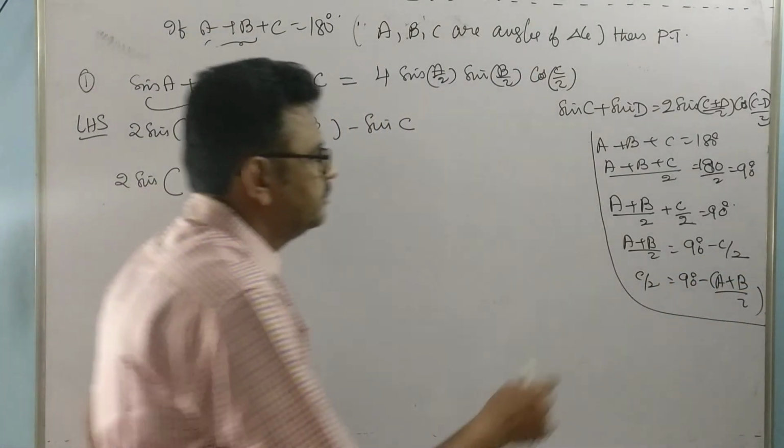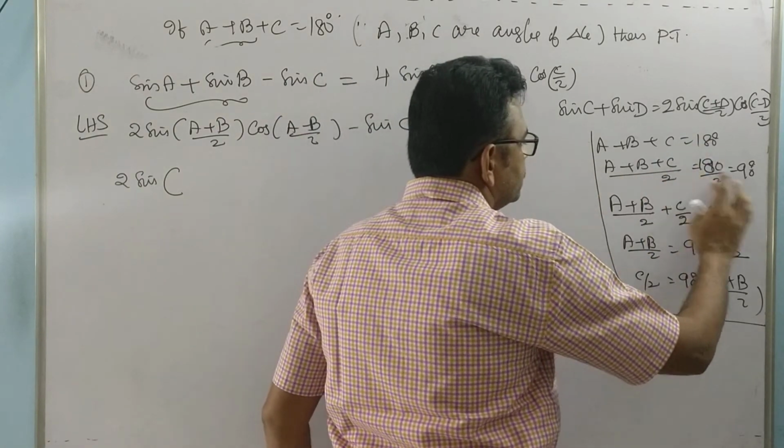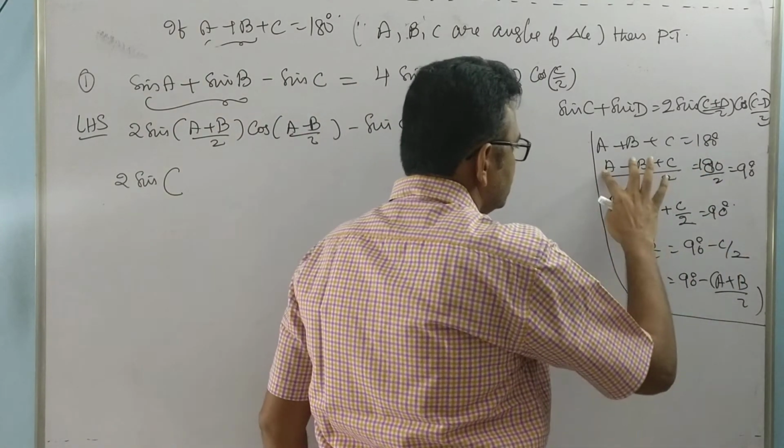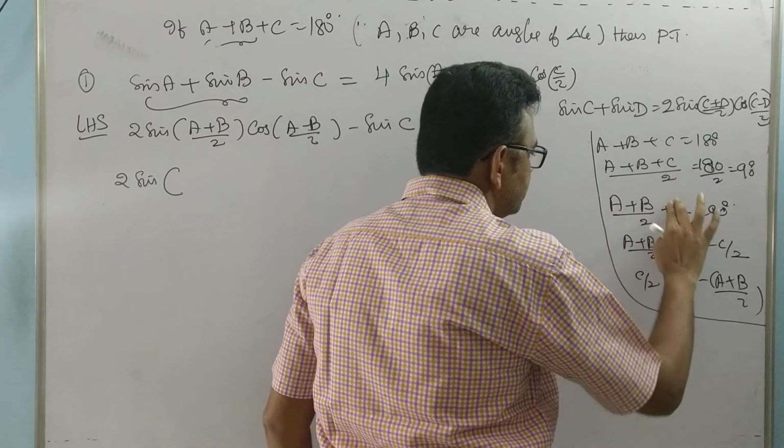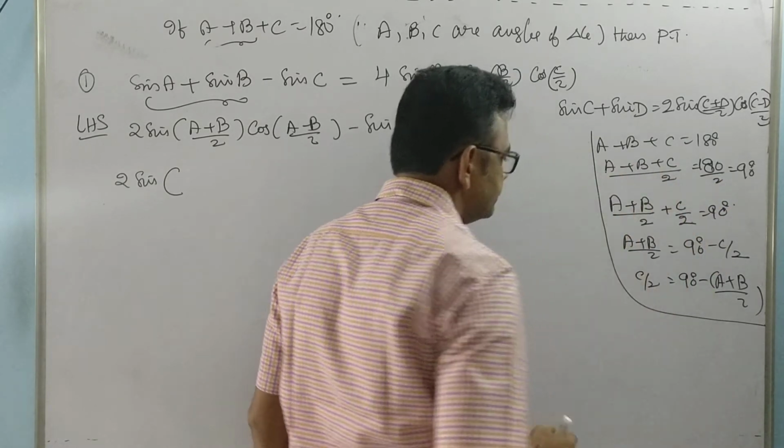Okay, A plus B plus C equal to 180, dividing by 2, so this is 90 degrees. So A by 2 plus B by 2 plus C by 2, both are same.